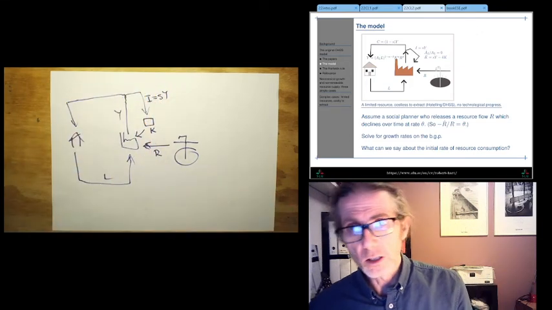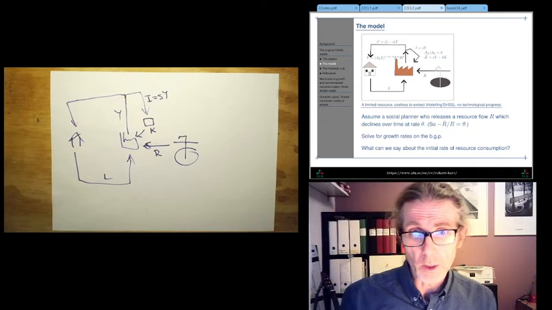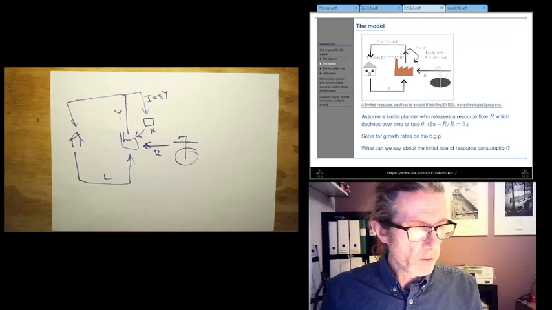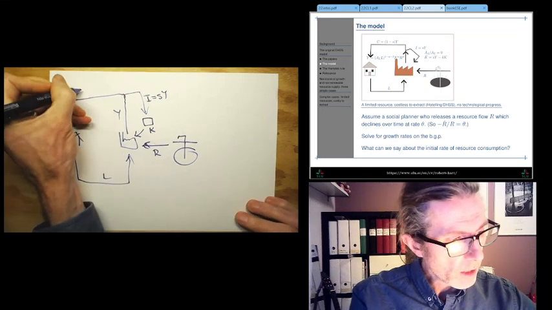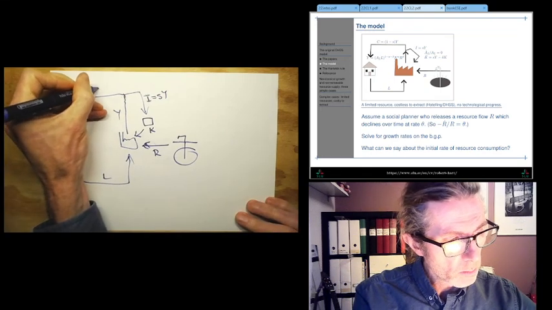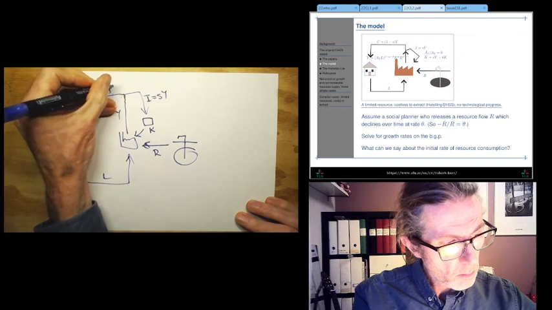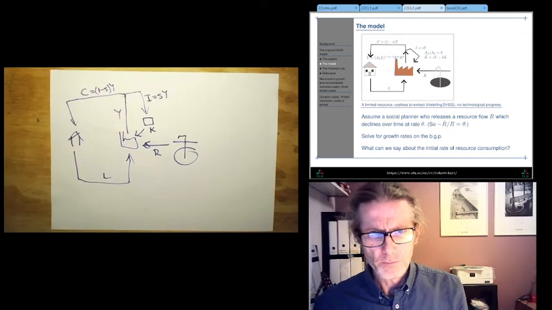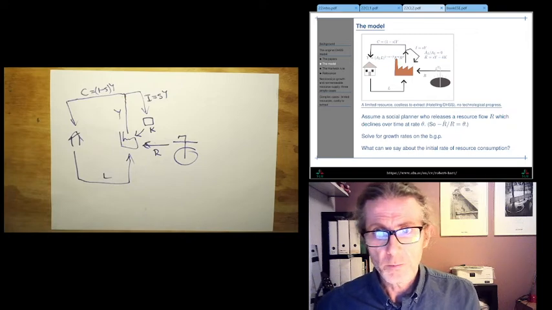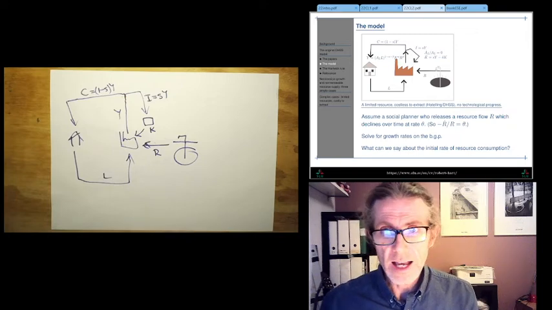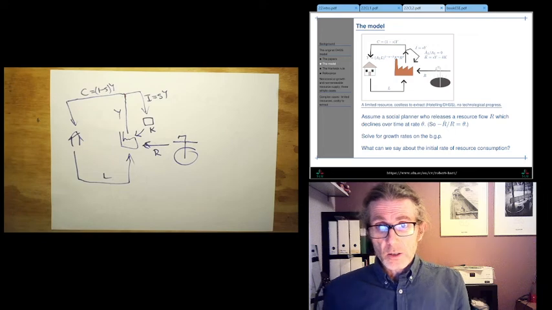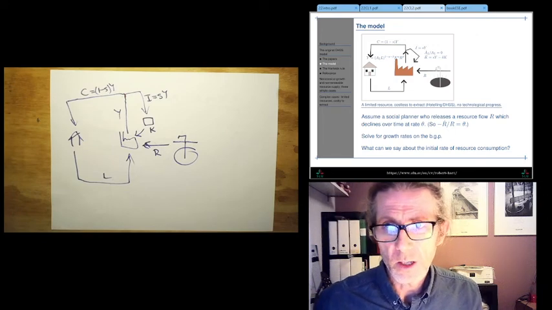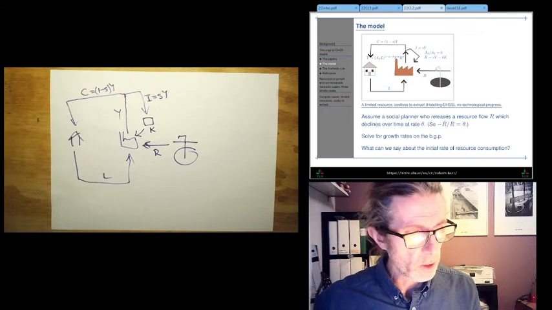Just like in the Solow model, we're going to say we reinvest a fraction S of our production, and the rest we consume. Okay, and then we've got a Cobb-Douglas production function with resources added to the equation. Okay, so far so good.